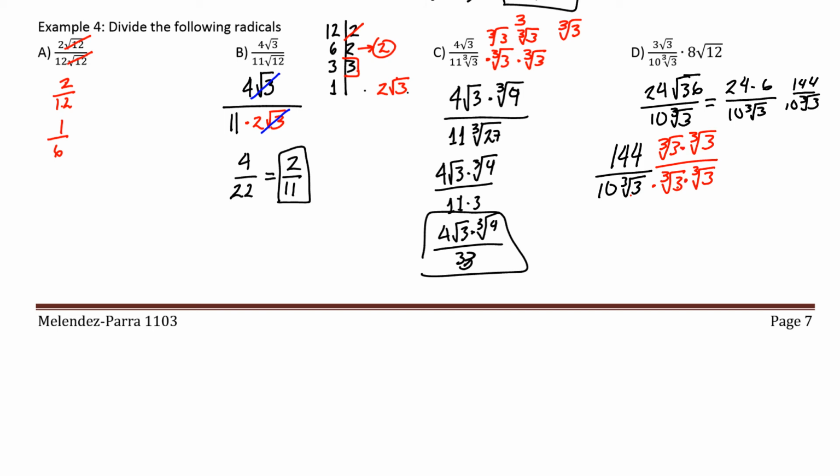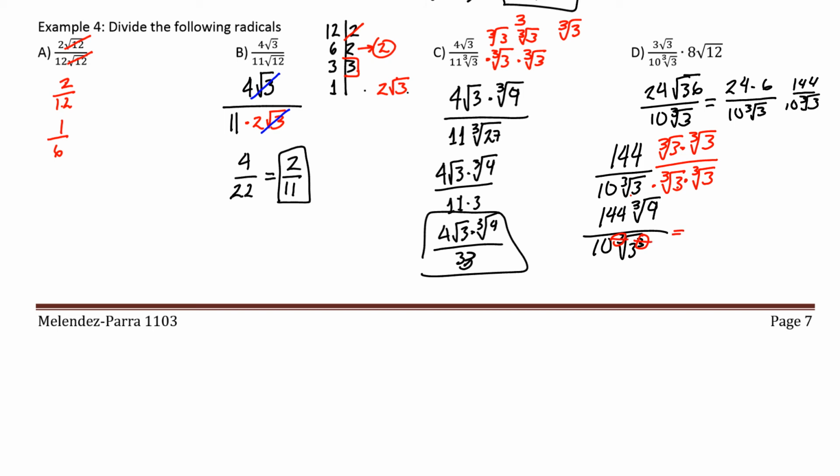Now, let's recombine them. You're going to have 144, the cube root of 9, over 10, the cube root of 3 cubed, or 27. Whichever one you want to do is perfectly fine. But you'll notice that these two cancel out.